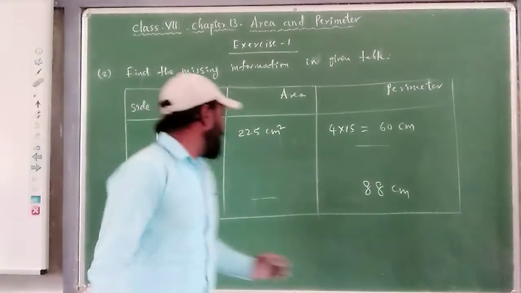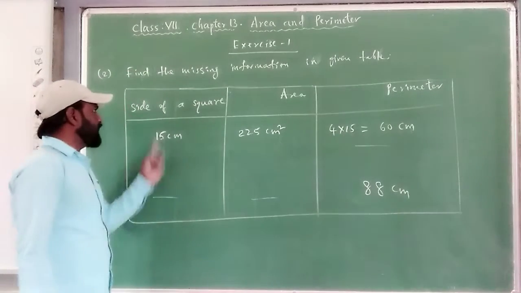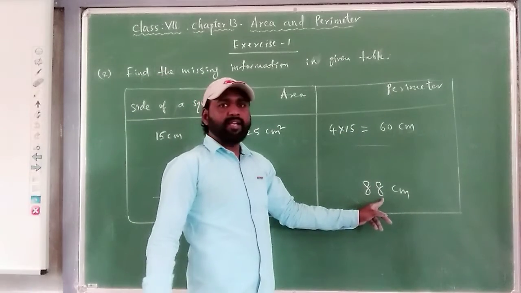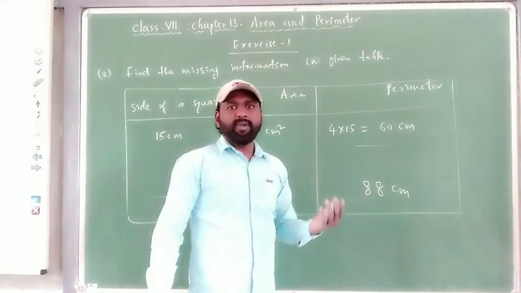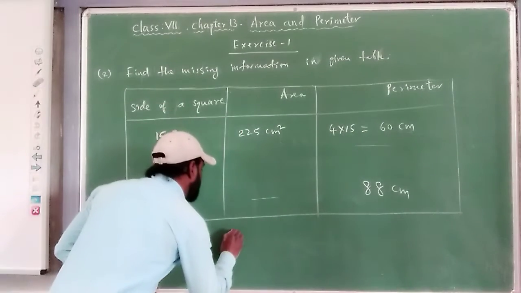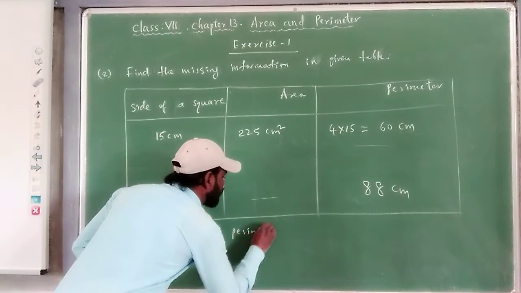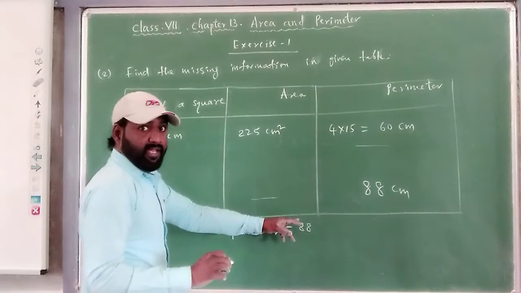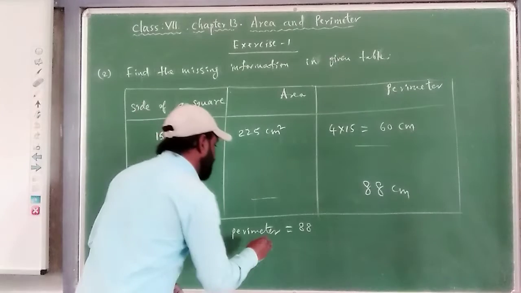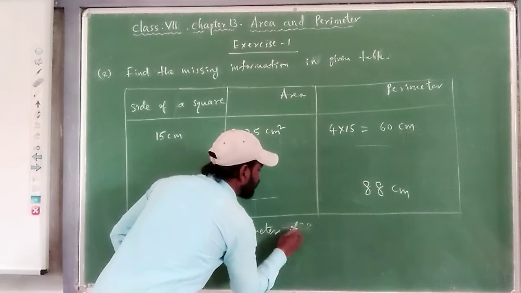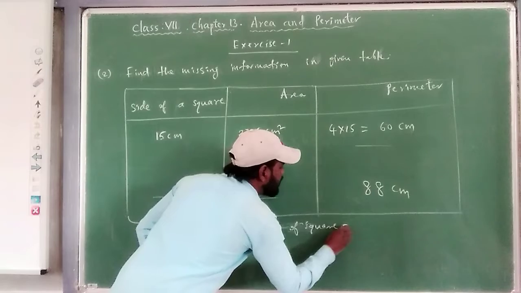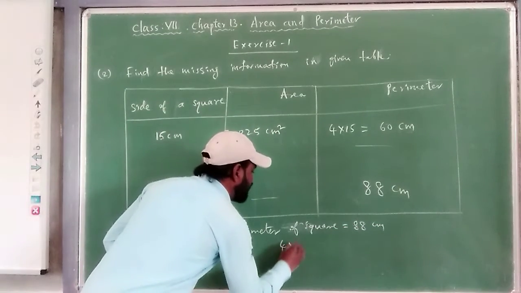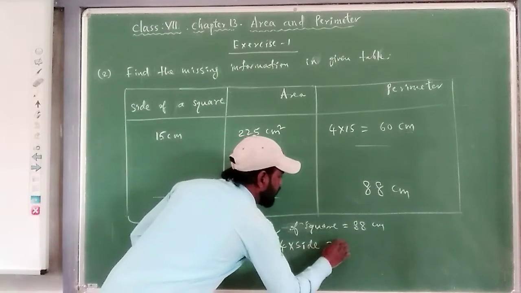Okay. In the next row you see there are 2 blanks. Side of the square we need to find, and area of the square also we need to find, whose perimeter is given as 88 centimeters. We know the perimeter of the square is 4 into side, so 4 into side is 88.